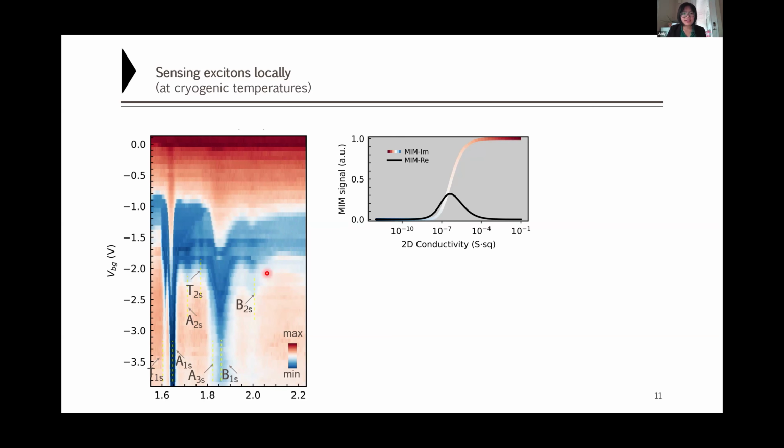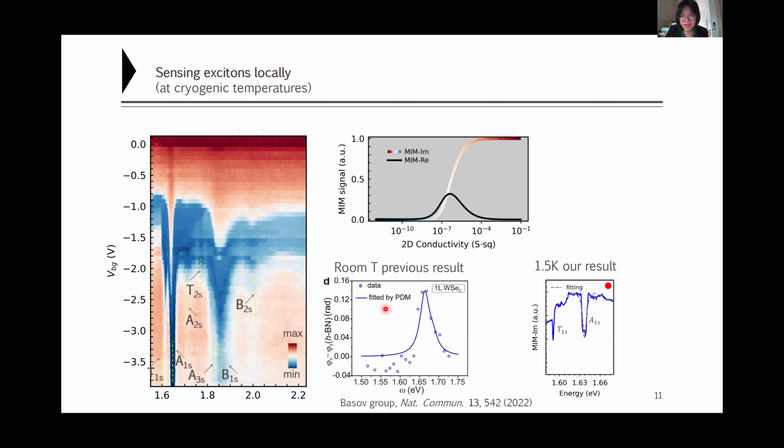And then on top of that, at specific optical excitation energies, what we see are a bunch of other features. And those features turn out to be in good agreement with where those exciton species live in energy. So A1S, B2S, B1S, A3S, and a bunch of trions. So we can compare our results with other near field scanning results of excitons at room temperature.